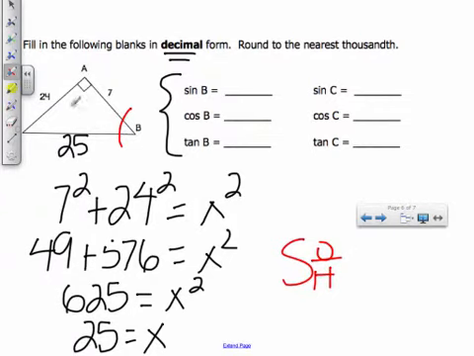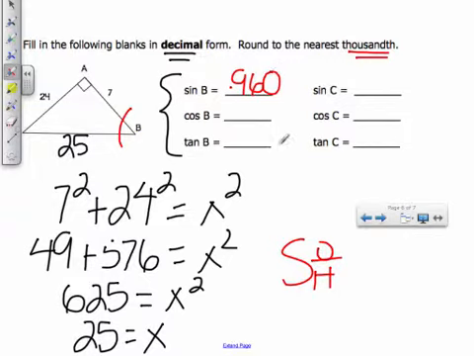Well, it's the side that's across from it, which is 24. And then the hypotenuse is 25. So this would be 24 over 25, but you need to type that into your calculator and figure out what that is as a decimal. So just divide 24 by 25 and then round to the nearest thousandth. Your calculator will tell you the answer is 0.96. But since it's to the nearest thousandth, we'll add the 0 on.